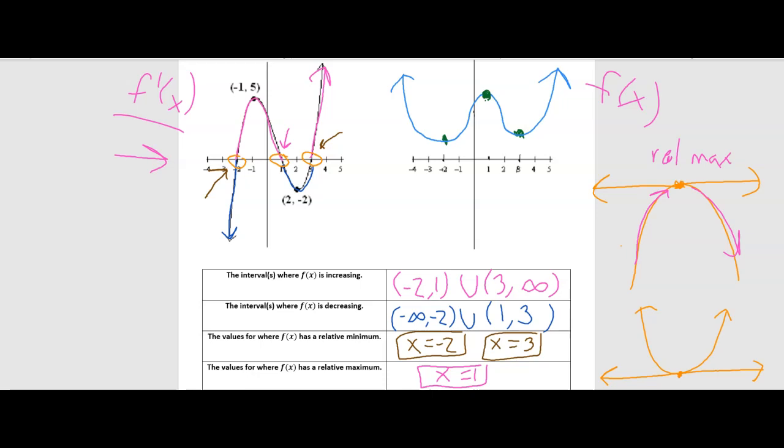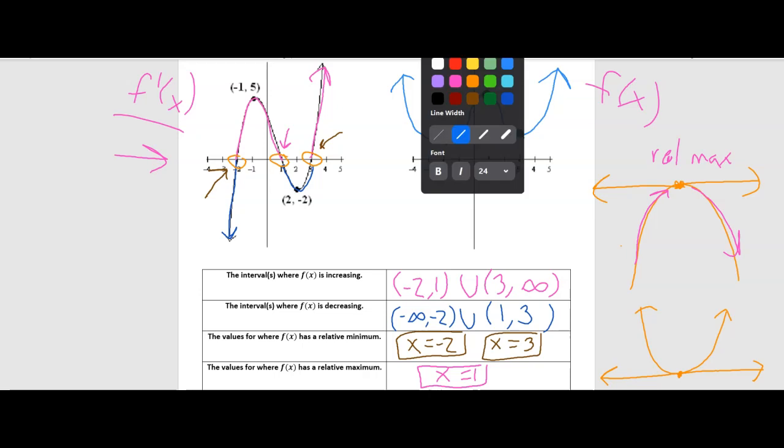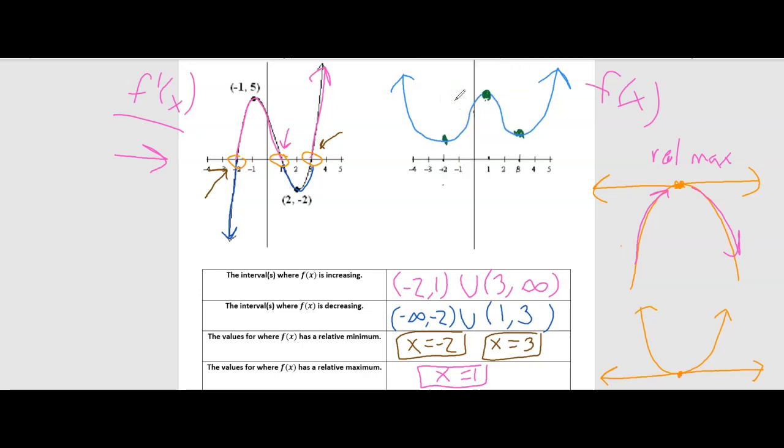Okay, so I just put a possible graph up here and then we can talk about it. Let's make sure it fits each of these requirements. First one is f of x must be increasing from -2 to 1 and 3 to positive infinity. Let's check that. -2 to 1, that checks out. This graph is increasing.